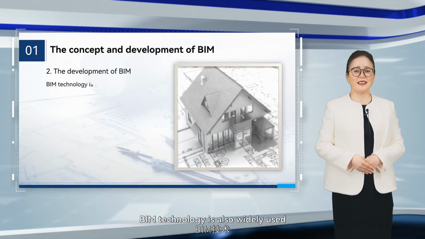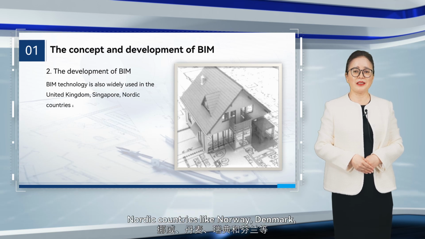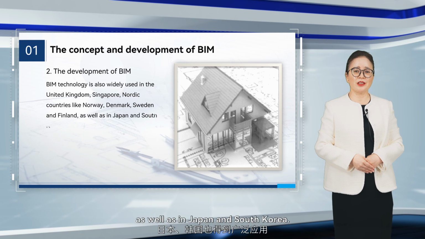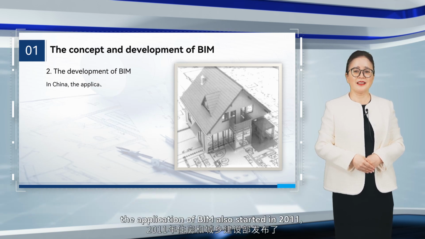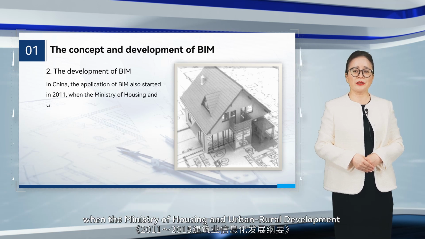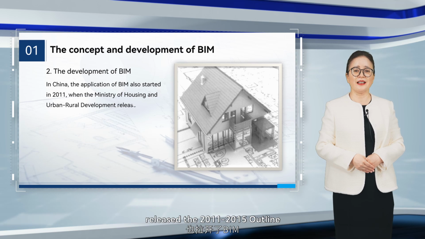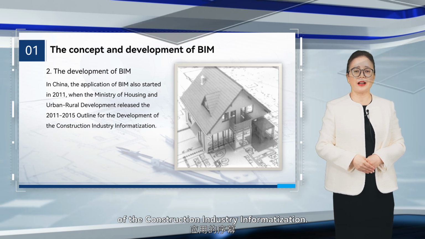BIM technology is also widely used in the United Kingdom, Singapore, Nordic countries like Norway, Denmark, Sweden, and Finland, as well as in Japan and South Korea. In China, the application of BIM also started in 2011, when the Ministry of Housing and Urban-Rural Development released the 2011 to 2015 outline for the development of the construction industry informatization.